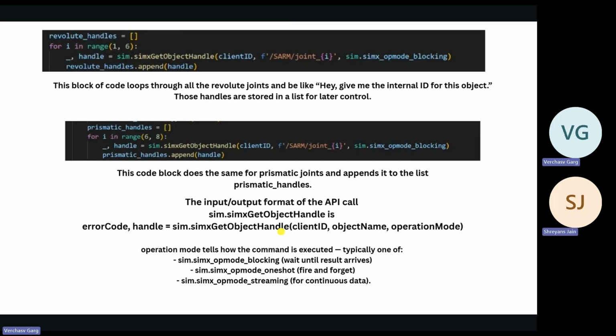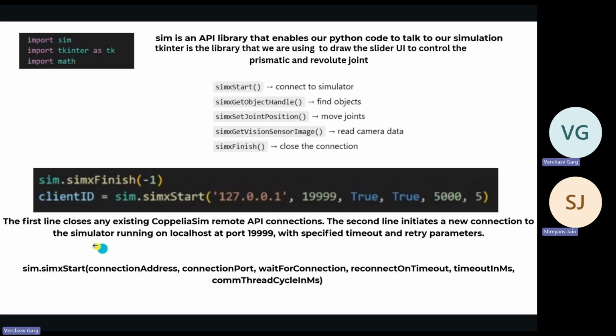This API call goes to our simulation, extracts it, and gives it to us. The input format of this API call is client ID, which we have stored in this variable using simxStart.